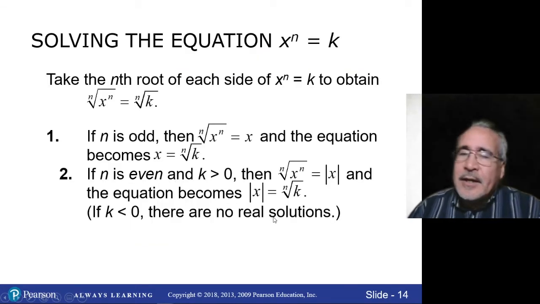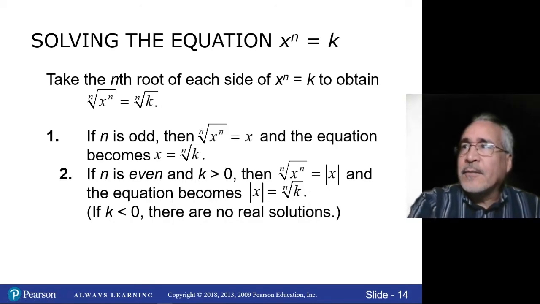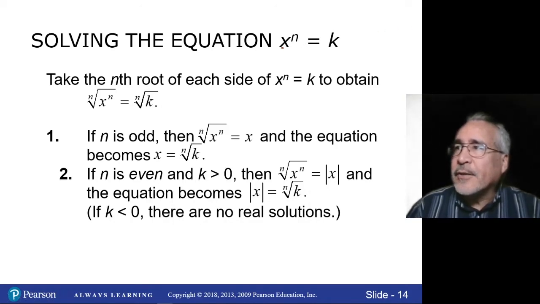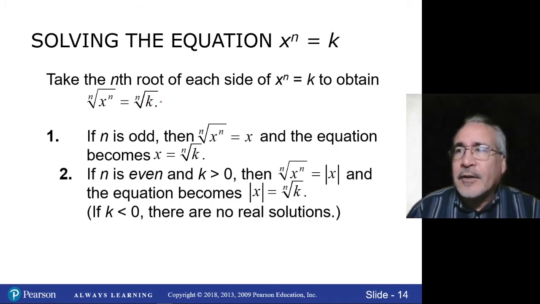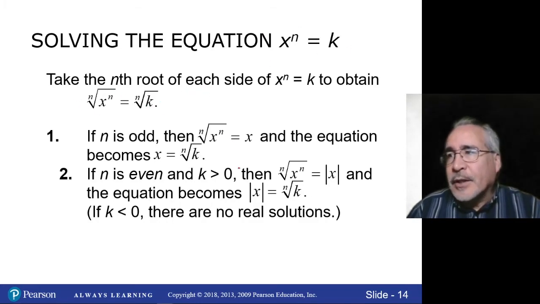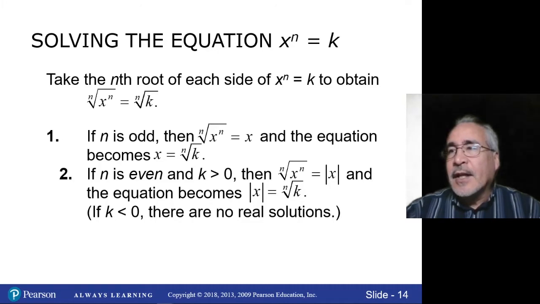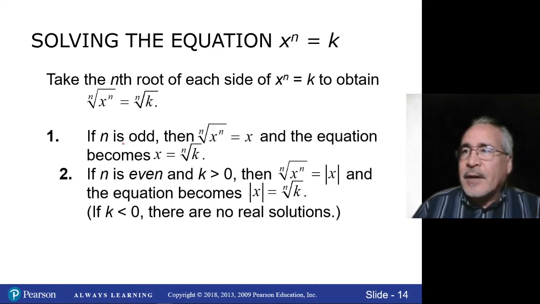Okay, and our last thing is, what if we have x to a power, so x squared, x to the third. We could take the radical of both sides. That will work. But again, graphically works good. And it actually works better because, when n is odd, it's clear. You're going to get one answer.